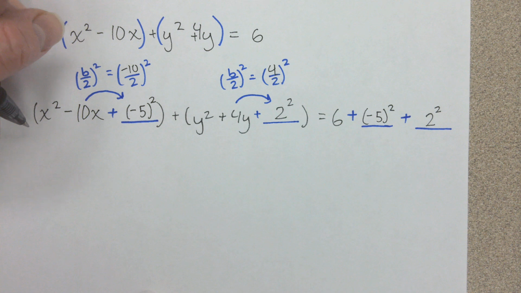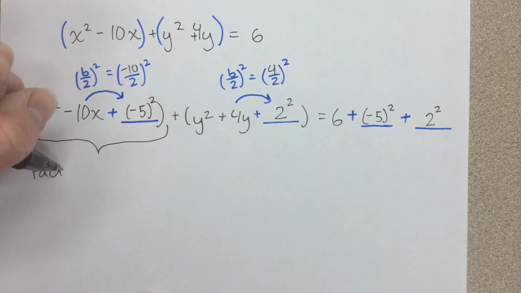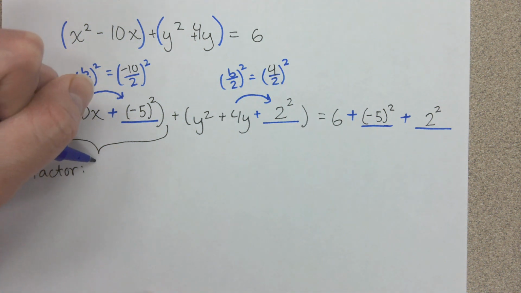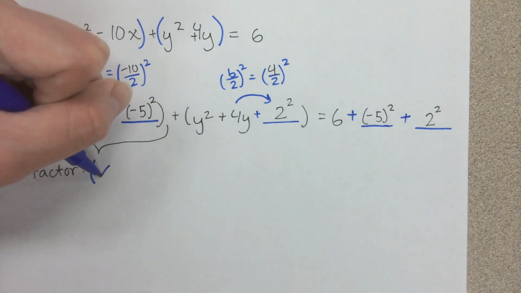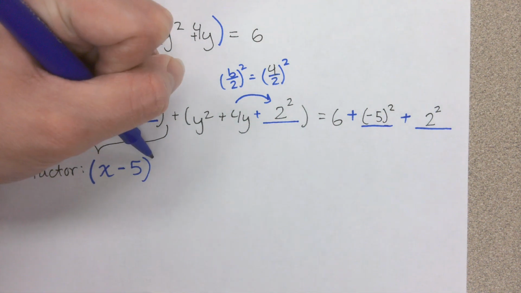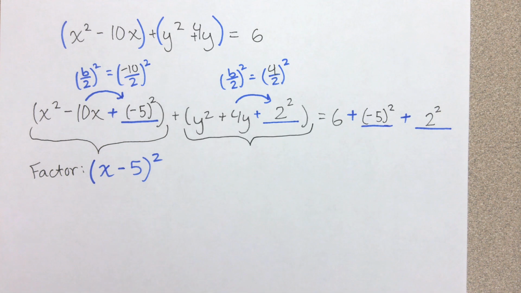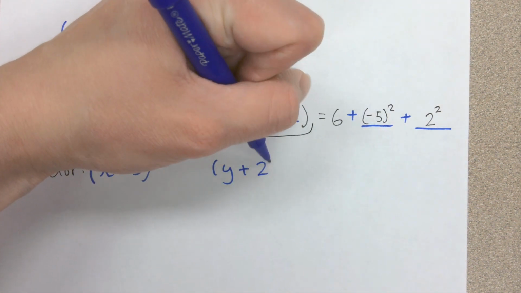Now we factor. This time, since it's a negative, it's going to be x minus 5 squared. And then the y's will be y plus 2 squared.